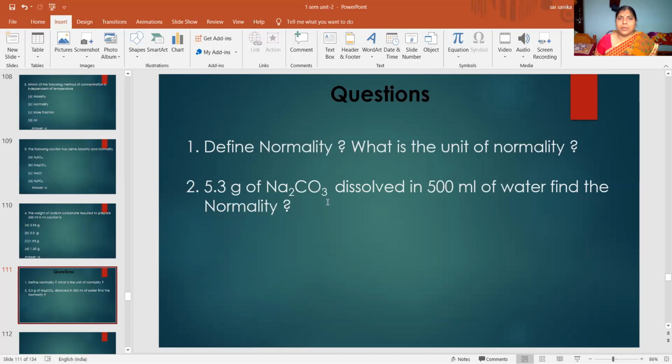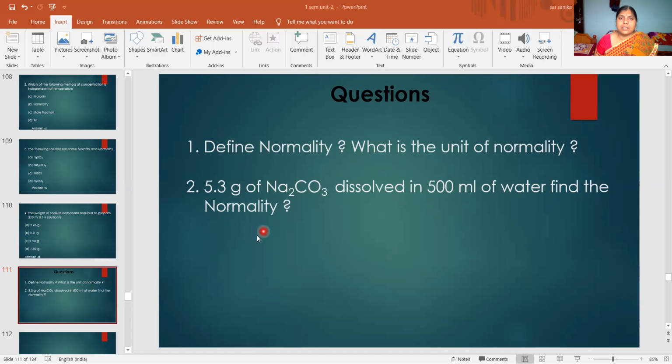Any type of problem you get, only very simple problems. 5.3 grams of Na2CO3 is dissolved in 500 ml of water. Find the normality. Here weight is 5.3 and volume is 500 ml.